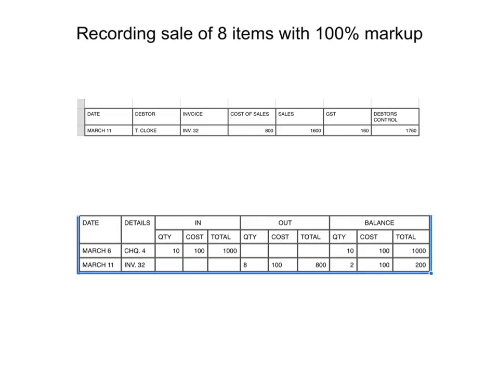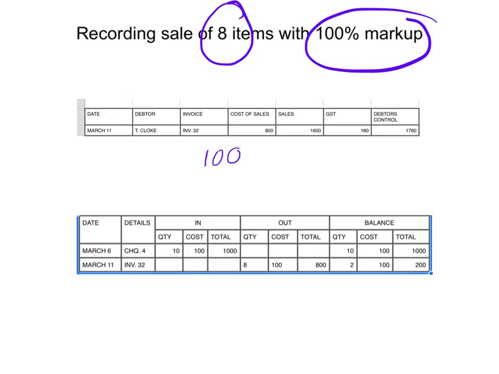So this is exactly the same example as before. I've sold 8 items. There's 100% markup, but you'll see that numbers actually change because of the method. First of all, the cost price of the item is only $100 when we use the period cost method, only $100. Still sell 8 of them, so my cost of sales figure is $800.